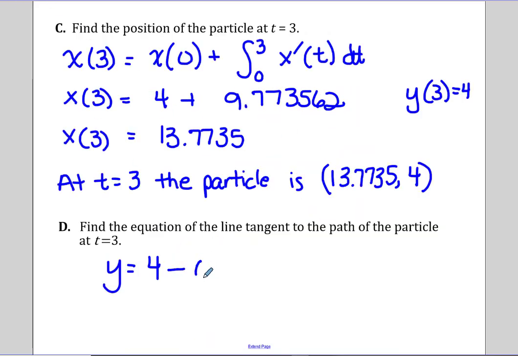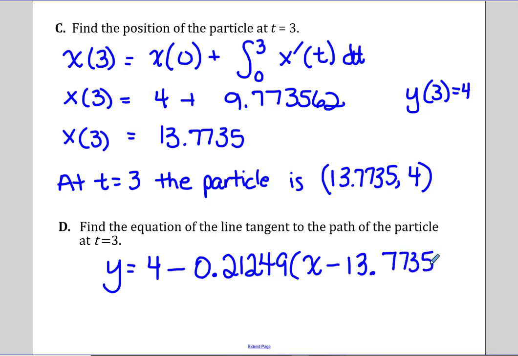So 4 minus 2.1249 times x minus our x value. So we had our ordered pair and our slope, 13.7735. So that's the equation of the tangent line.